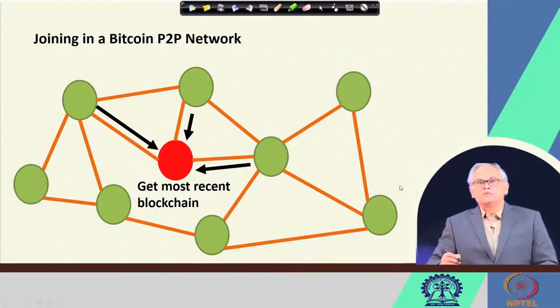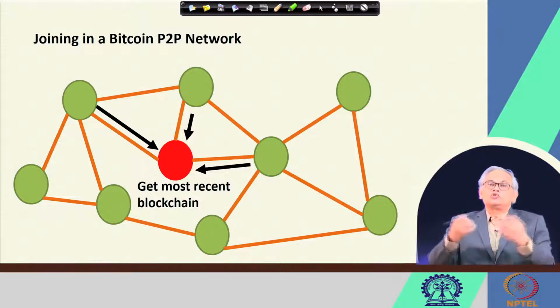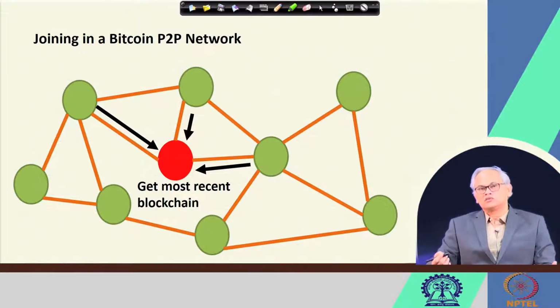And then suppose you have installed the Bitcoin software. Bitcoin is a chain of a lot of blocks, starting from the very first block, block number 0, to today's latest one. So, what it will need is to get the most recent blockchain.